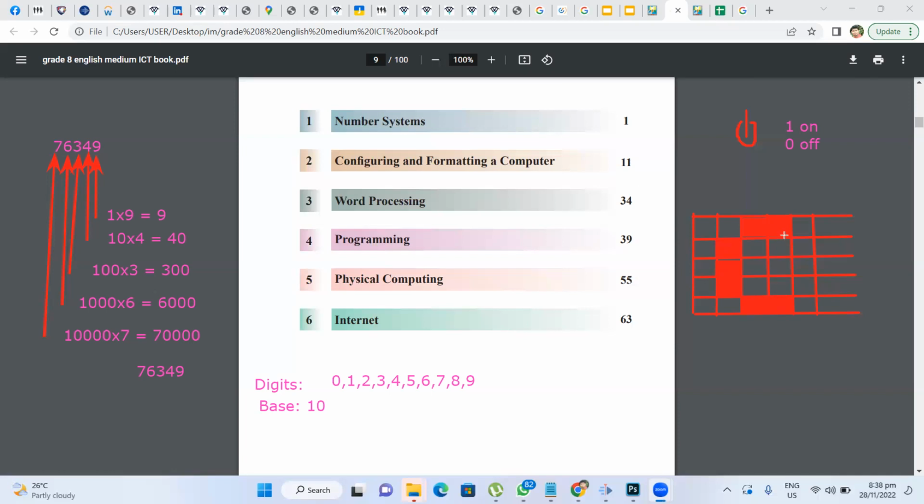Okay, can you see? If you see from a distance, you can see letter C there.